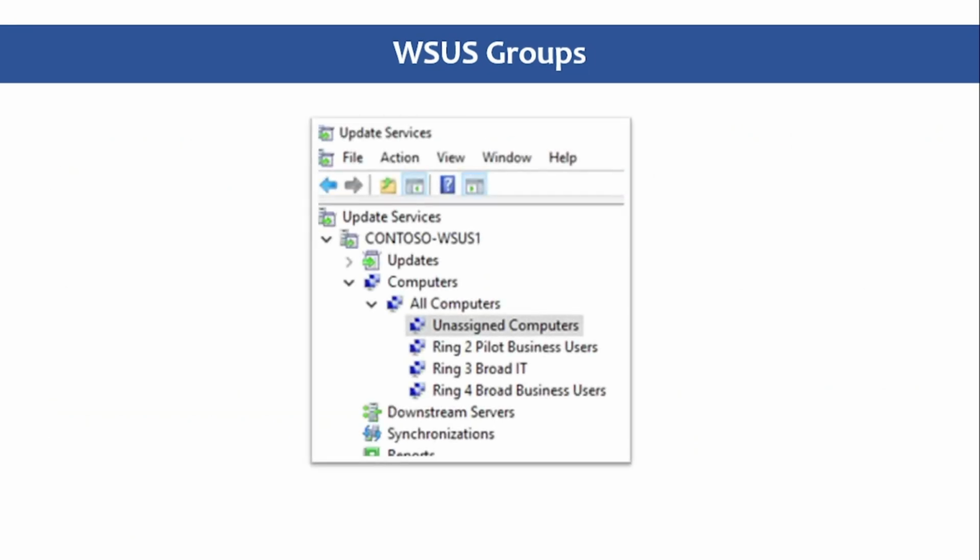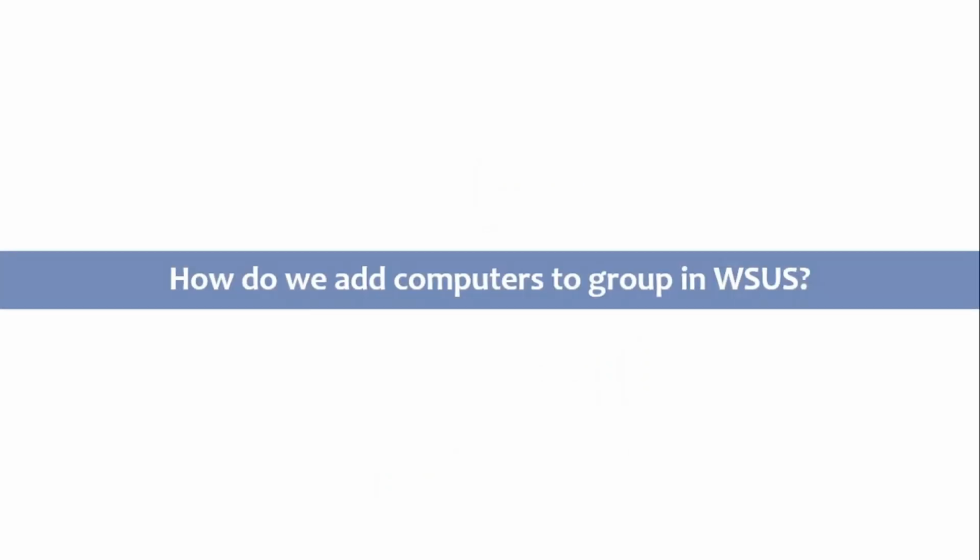So this is a screenshot of the WSUS groups. This is the name of the WSUS server, and these are the groups which we created in our WSUS. Now the next question is how do we add computers to these groups in WSUS?